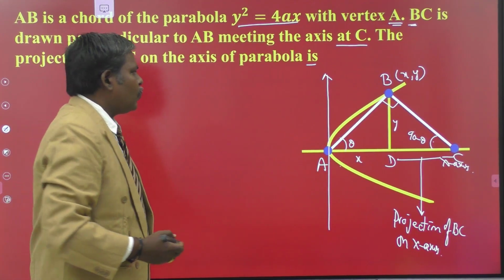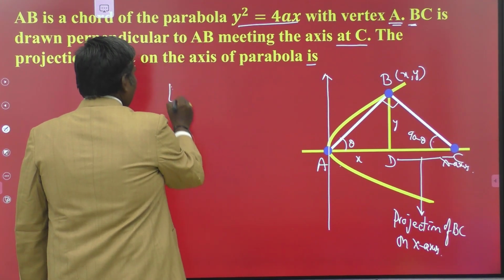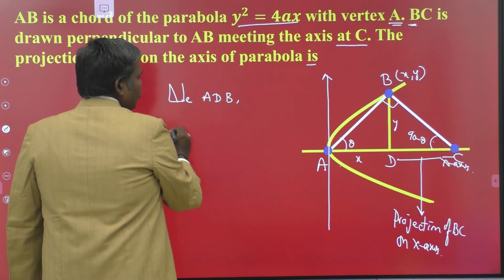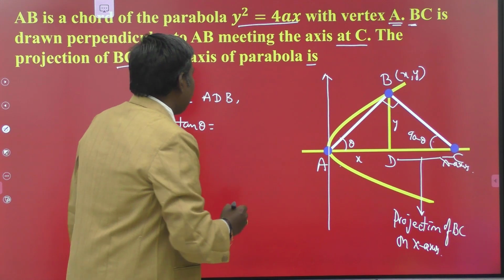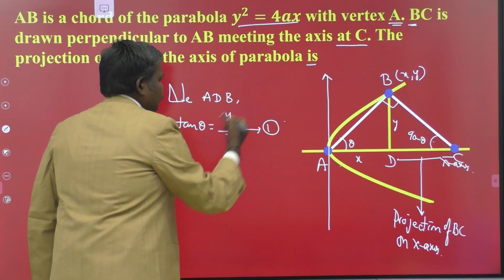Now what is tan theta from the right angle triangle ADB? Tan theta is equal to y by x. Let it be equation number 1.